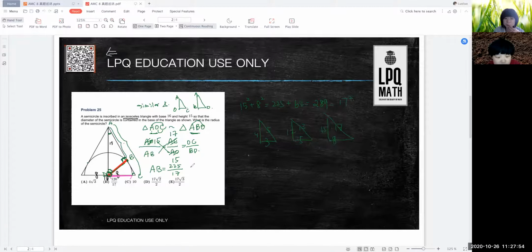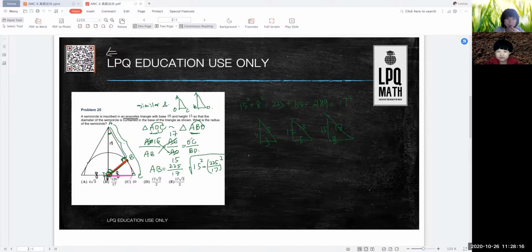Very good. So because AB equals 225 over 17, what is OB? We can have a method: 15 squared minus (225 over 17) squared, then square root. Wow, right? So it's calculable, it's doable, but it's going to be pretty long.